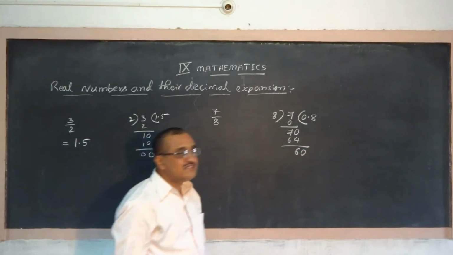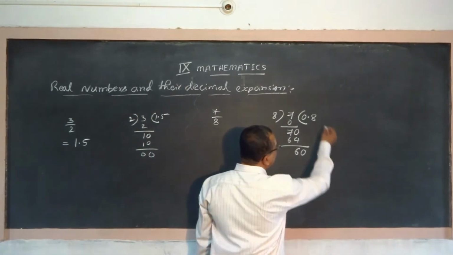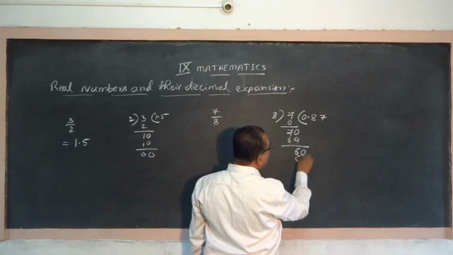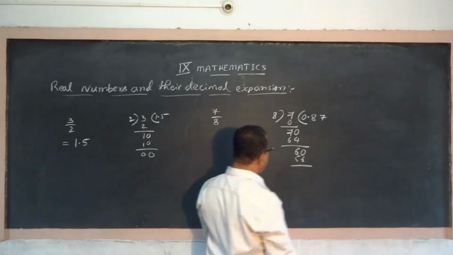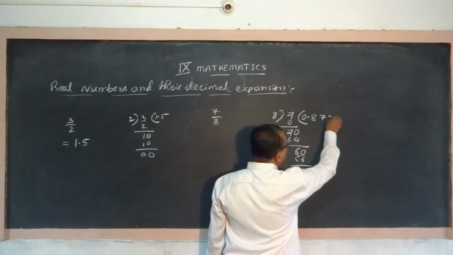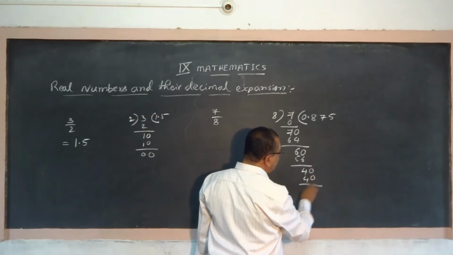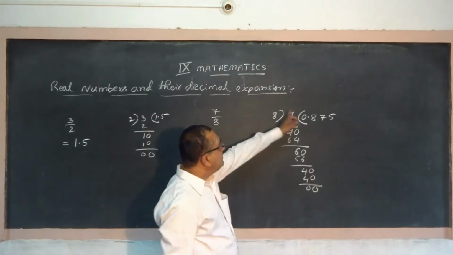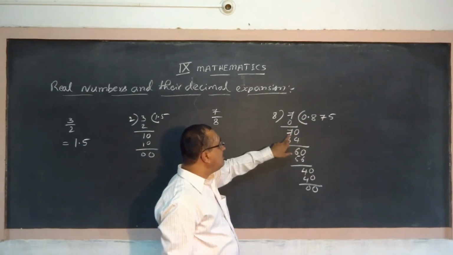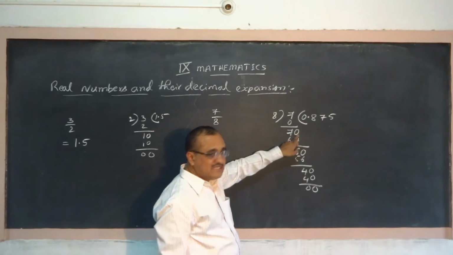Now take 0. 60. How much now? 8 7s are 56. 4 left. 8 5s are 40. 7, 8 zeros are 0. 7 minus 0 is 7. Put the decimal, take 0.